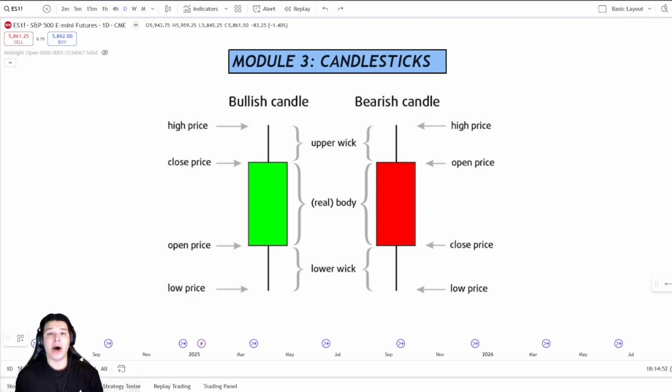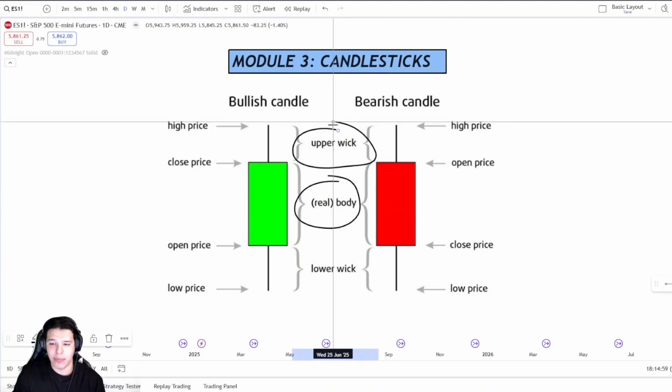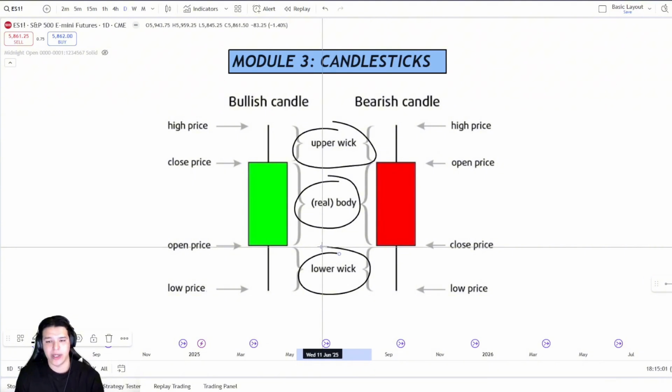Now, most candlesticks are made up of 3 main parts: the body of the candle, a top wick, and a bottom wick. For a bullish or green candle, price opens at the bottom of the body and closes at the top of the body, showing that price traveled a greater distance and closed higher than where it opened, showcasing upward or bullish momentum.